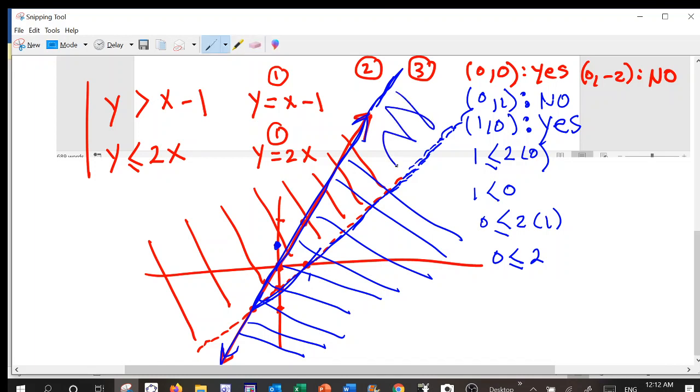This right here is the solution because it's the overlap. Now remember, this has to be dashed, and that has to be solid. So all the points in here satisfy this inequality and satisfy this inequality. So that's how we deal with a system of two inequalities.